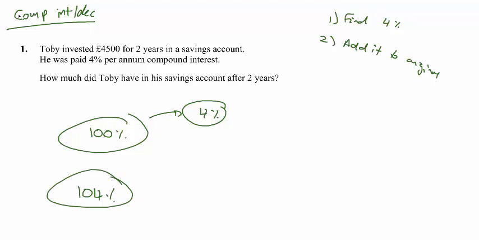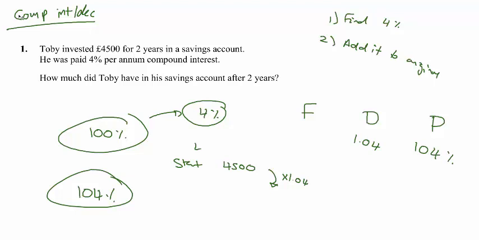Does that make sense? Now, fractions, decimals, and percentages. 104%, are you happy that's the same as saying 1.04? That's how you'd write the percentage as a decimal. If we go back to the start, 4,500, instead of finding 4% and then adding it onto the original, try this: multiply it by 1.04.